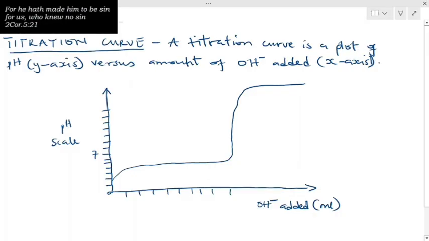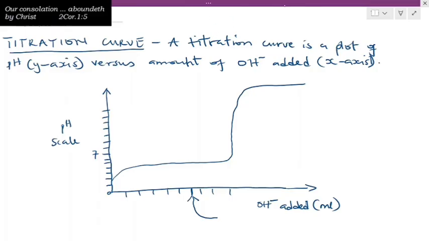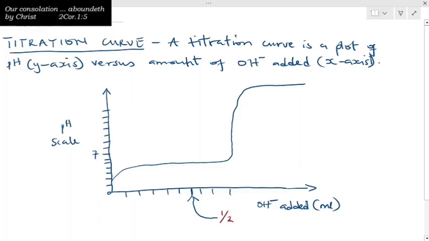Somewhere around the middle here, you have your half equivalence point. Let me do this in red.